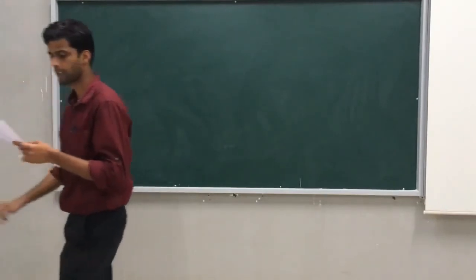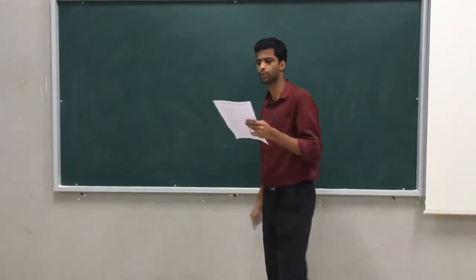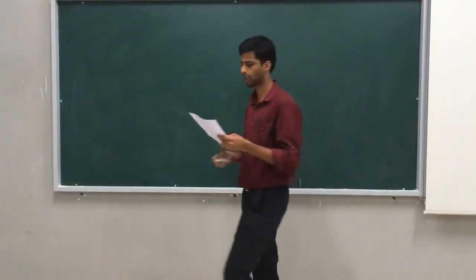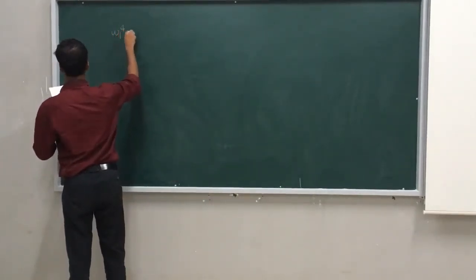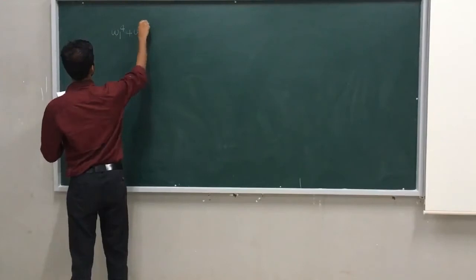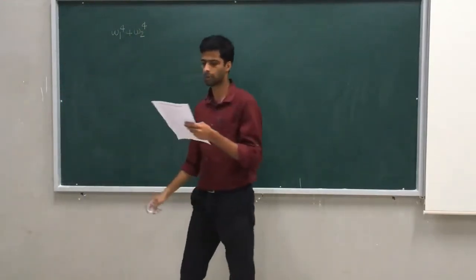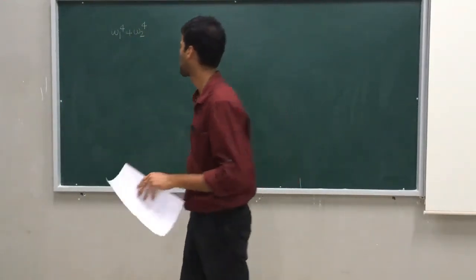If omega 1 and omega 2 are non-real cube roots of unity, then what is the answer for omega 1 raised to 4 plus omega 2 raised to 4? They told omega 1 and omega 2 are non-real cube roots of unity.